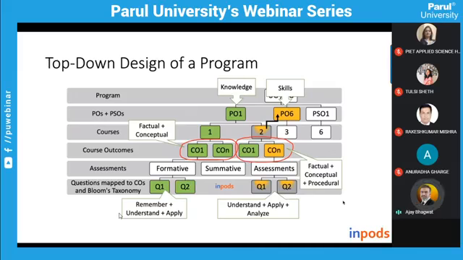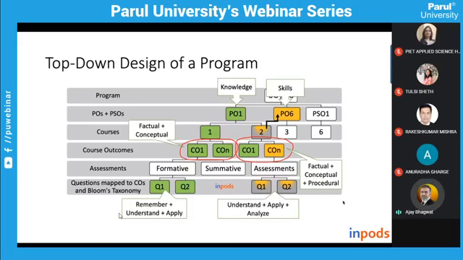So the percentage of the questions that are asked in the case of course 1, which are to be at apply level, will be lesser than the questions asked in the course 2 for the apply level and analyze level, because this course is more about helping the students gain procedural knowledge, which is useful for achieving PO6. So the inclination of the questions framed for course 2 will be more towards apply and analyze.